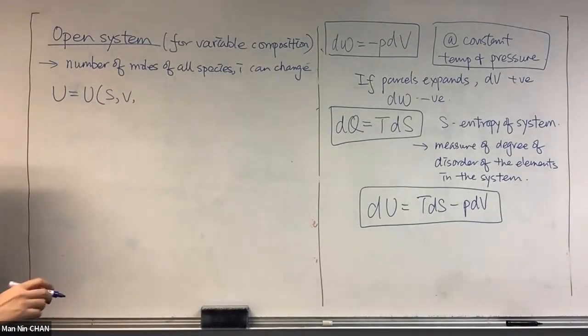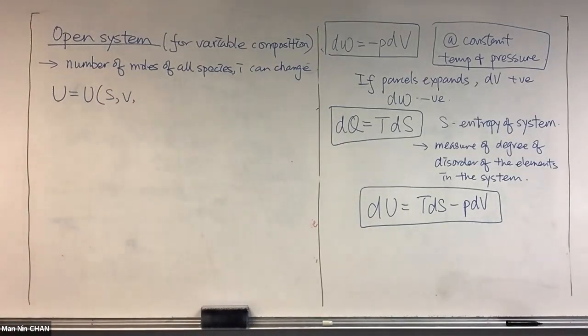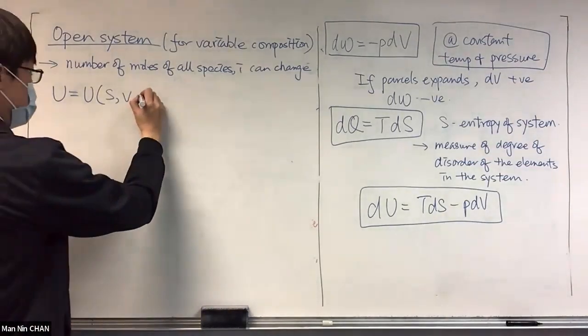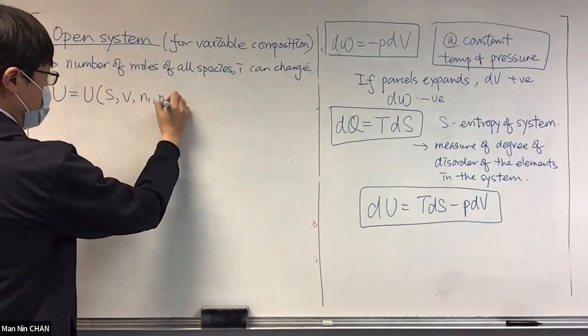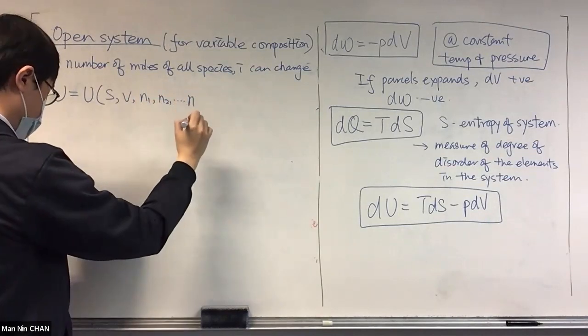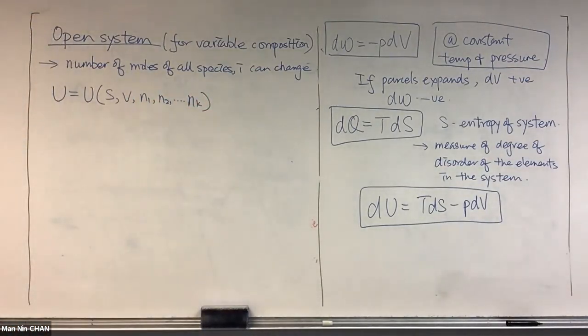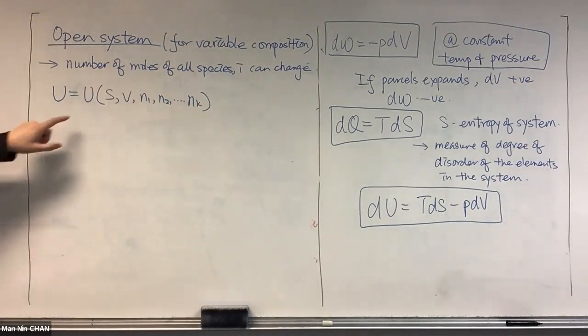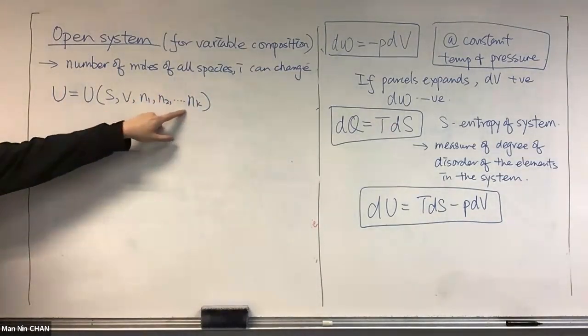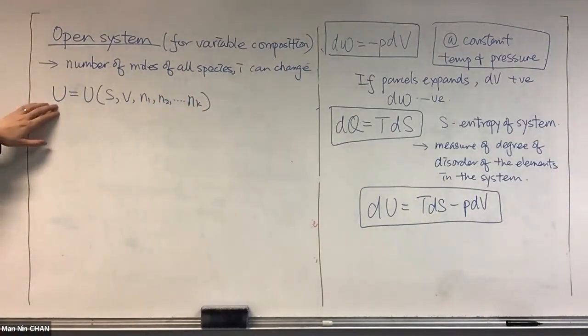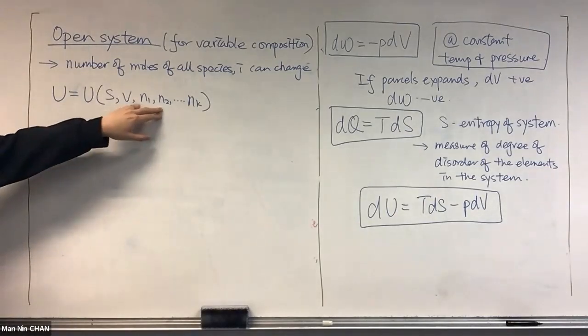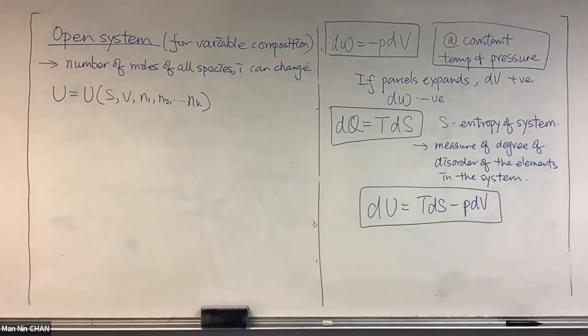And because you allow the composition to change, it also depends on your species, N1, N2, up to Nk, because the concentration of your species will change. So you need to add this term. Your internal energy will also be a function of the number of moles of your species.